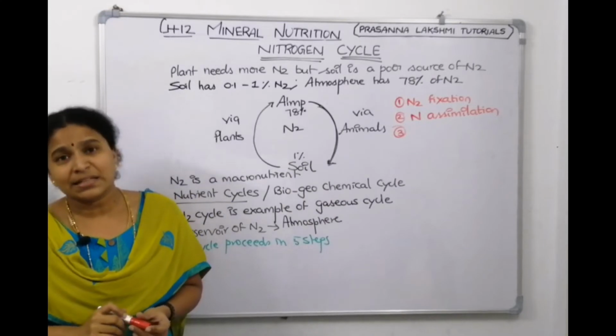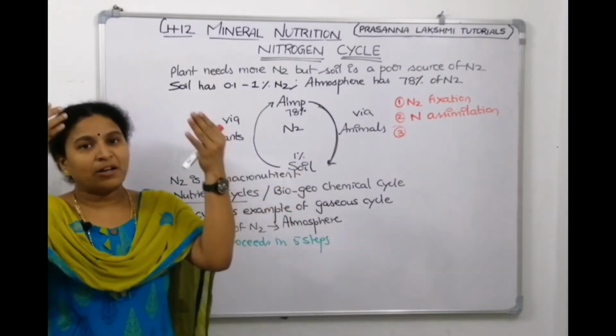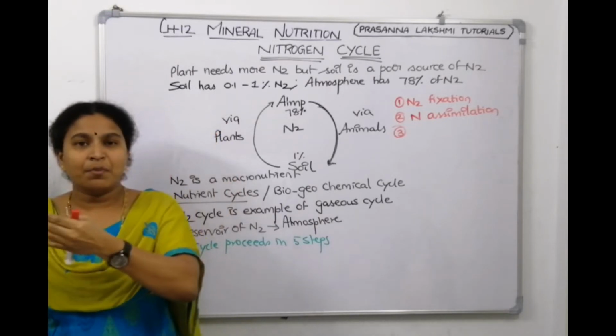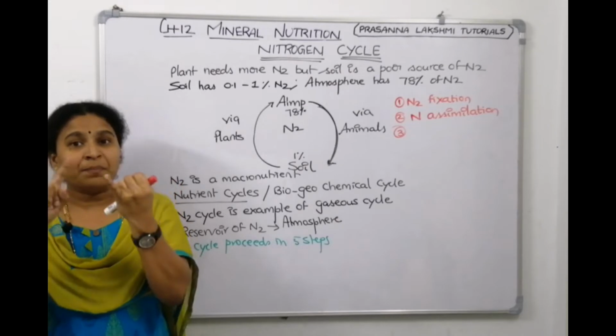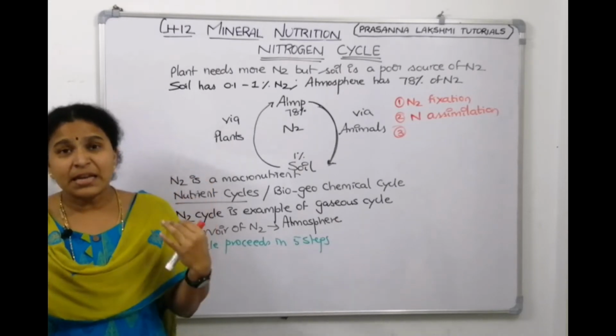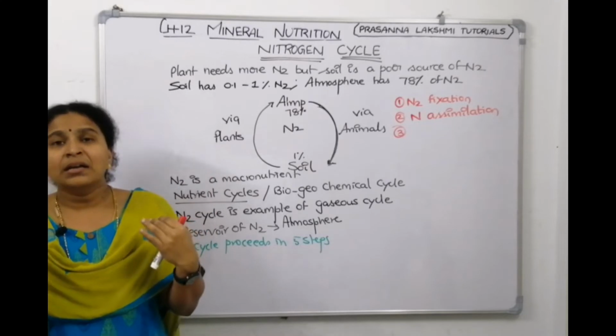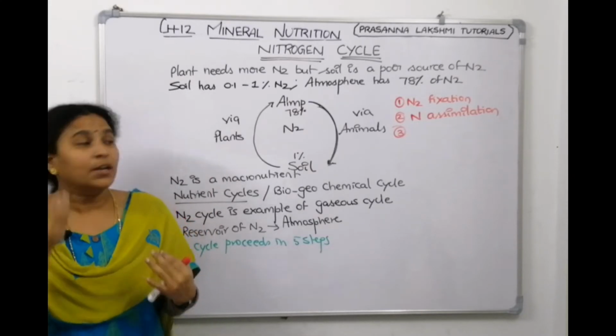The plant will use that soil nitrogen to build up its biomass. The plant is eaten by a herbivorous animal, which builds its biomass. At one point of time, the plant will die, the animal will die. Then the complex body material of plants and animals gets broken into simpler particles. That process is called ammonification.